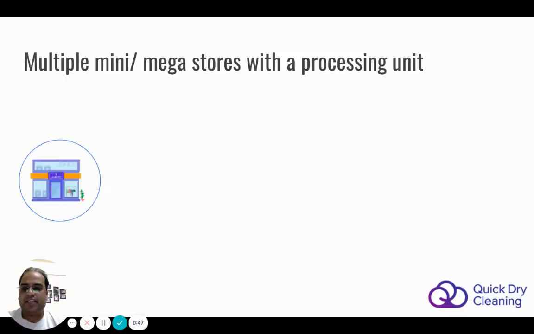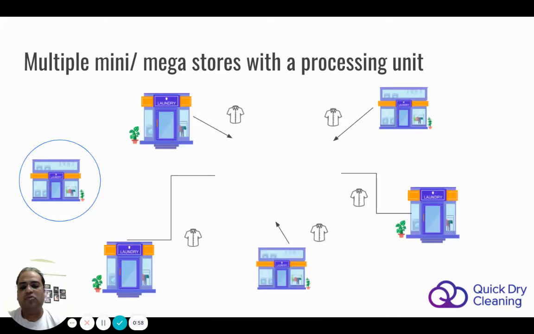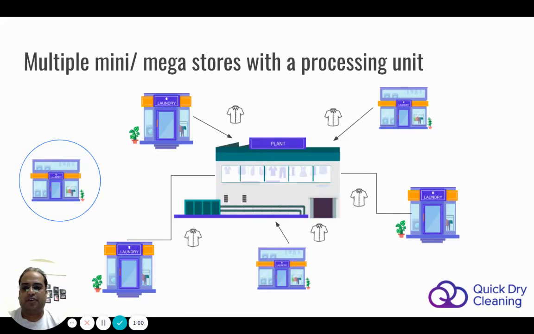Then we can have a setup where there are multiple mini and mega stores in which some of the stores are self-sufficient and some of the stores are sending garments for processing to the plant or the workshop.